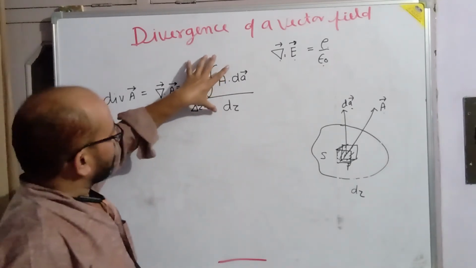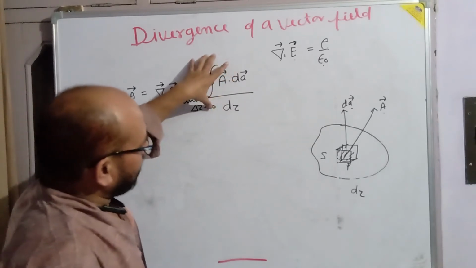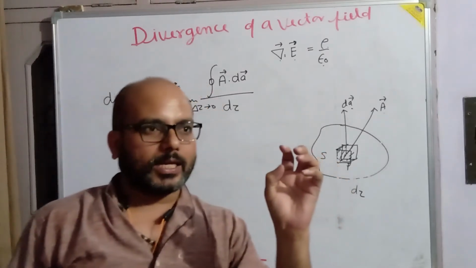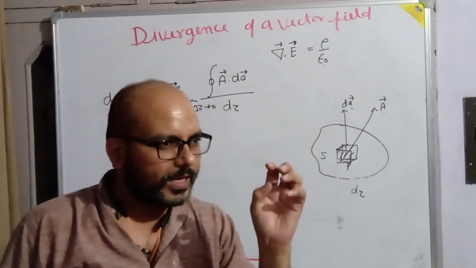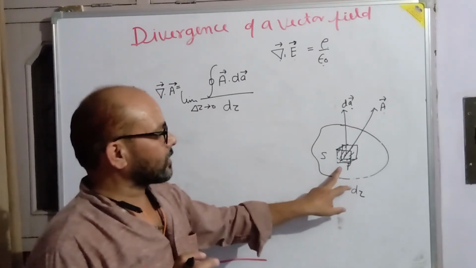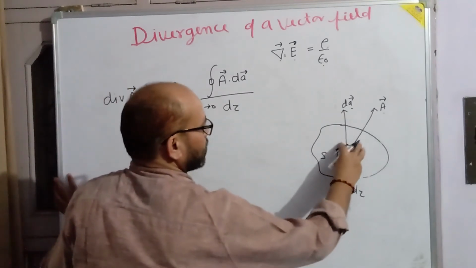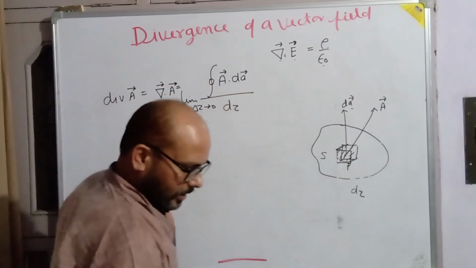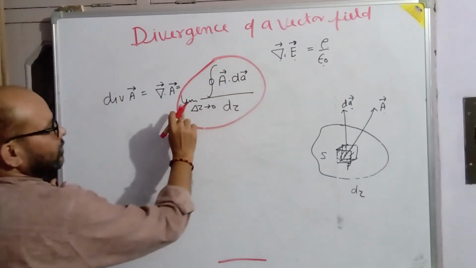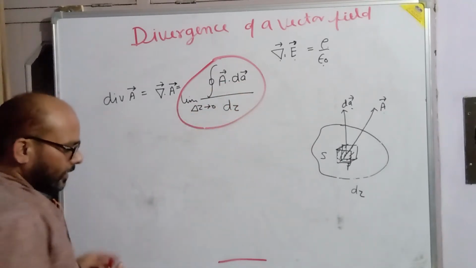So this term is known as divergence. It means कि suppose we take any small area element, उसको बहुत छोटा करिए, here d tau is very small. It means the volume element is very small, taking this surface, so that is known as divergence. Limit delta tau tending to 0, A dot dA upon d tau.